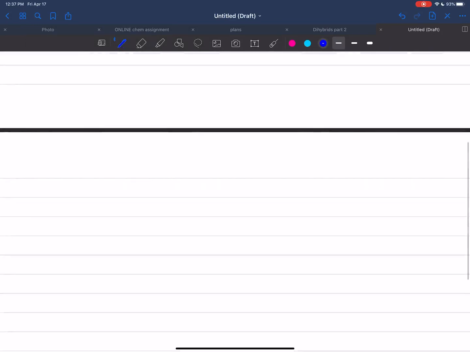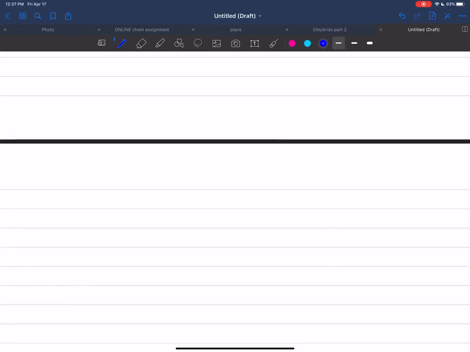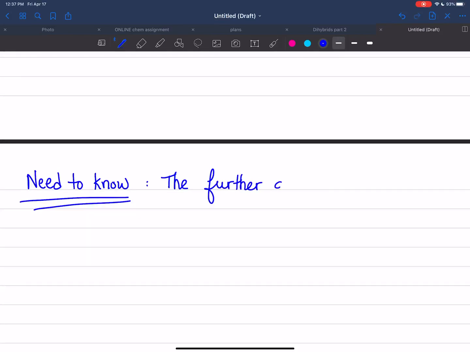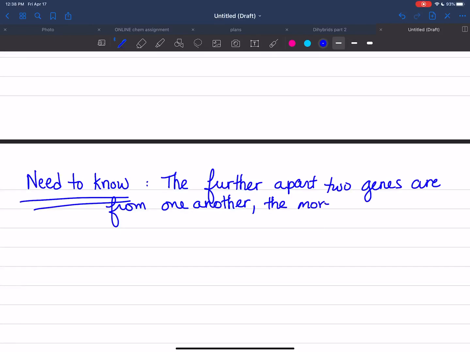Okay, so what you do need to know here, and you're not responsible for knowing all the theory behind it, is that the further apart two genes are from one another, the more likely they are to end up on different chromosomes.